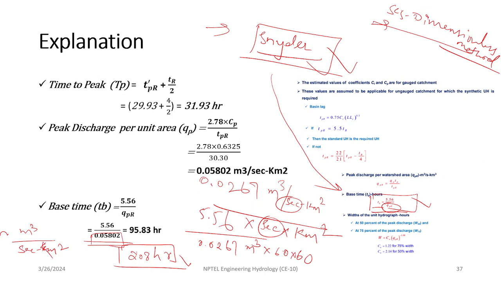Then we want a unit of hours, right? But here in the numerator I am getting kilometer square, and in the denominator I am getting meter cube. So if I convert this, I will be getting a meter in the denominator, don't you think?